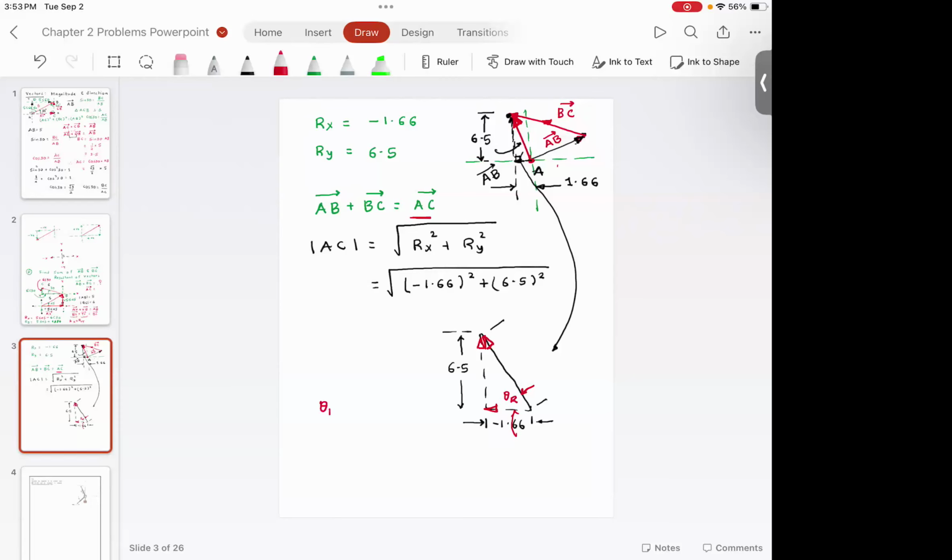Theta r is what? Tan inverse of 6.5 divided by minus 1.66. And then you can show that this angle is in this direction.